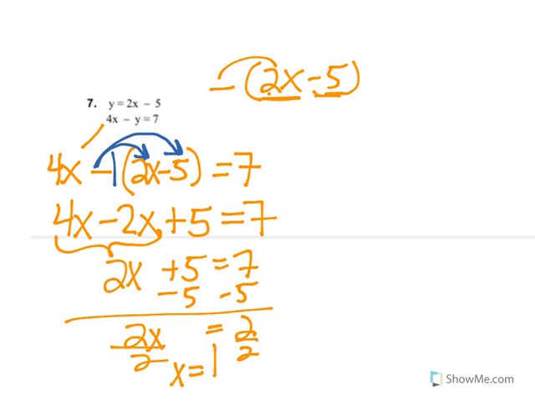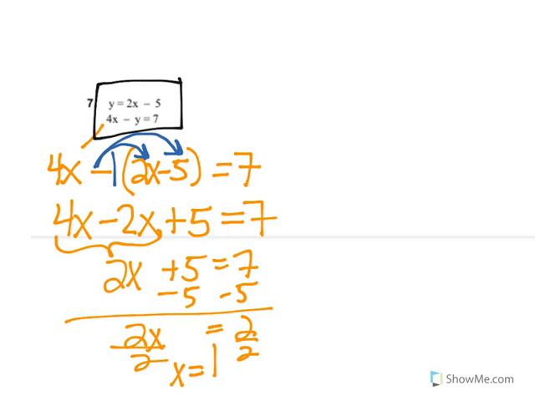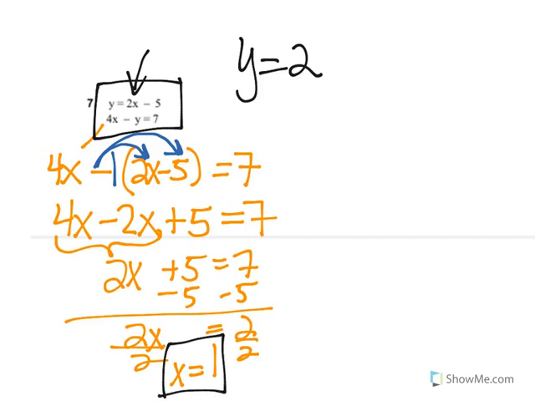Okay, now that we know that x equals 1, let's go back to our original equations. And you can plug that in to get the y. So I'm going to use this top equation. So y equals 2, and instead of x, we're going to put this 1 right here. 2 times 1 minus 5.